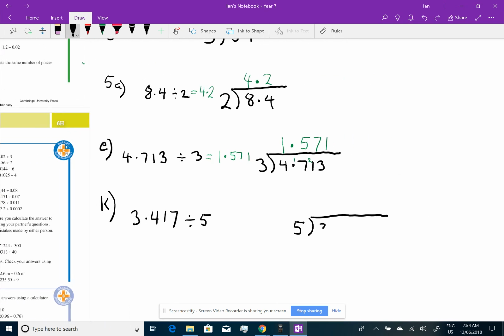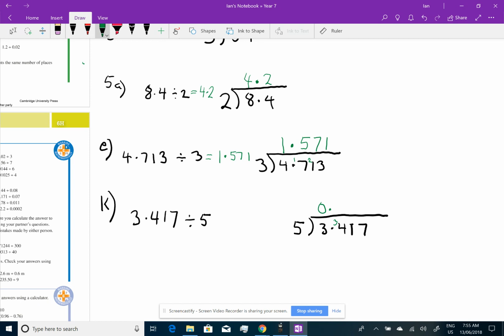Because I'm using place value, I don't have to worry. 3.417. Okay. 5 doesn't go into 3. So put the 0 down. I'll put the dot. And I bring the 3 over, and because I'm using place value, it's okay.